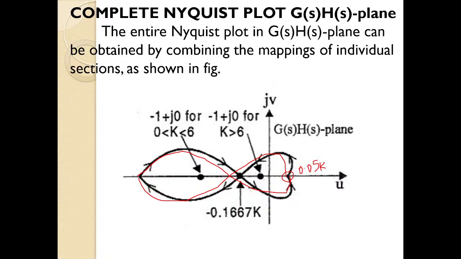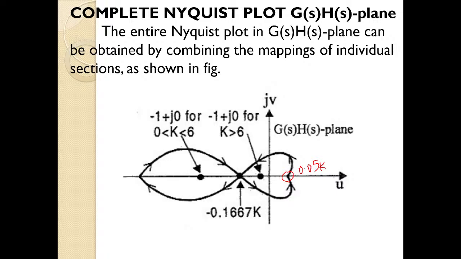Now in the question they have asked us to determine the range of K for which the system will be stable. To be frank, we don't know the range of K, so let us see how to determine that range.